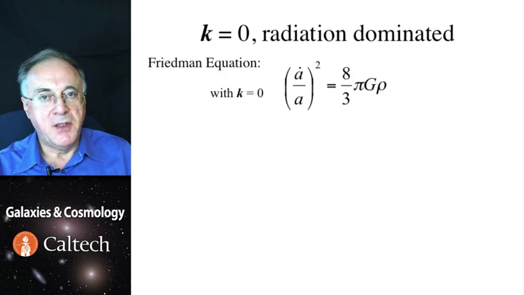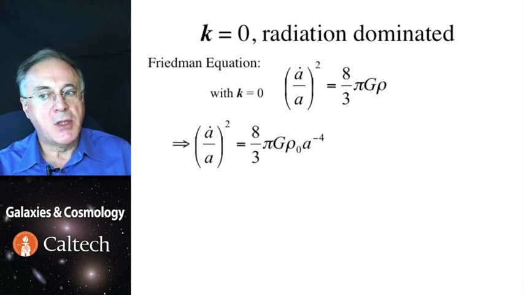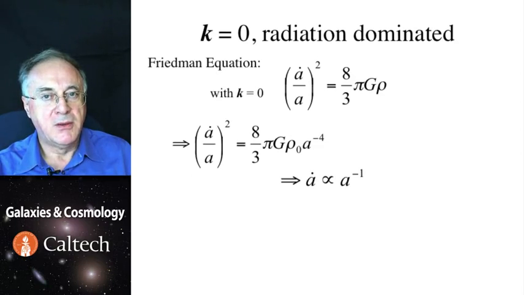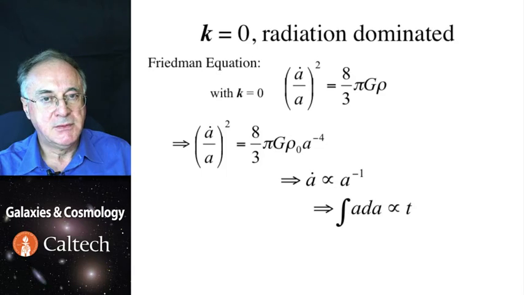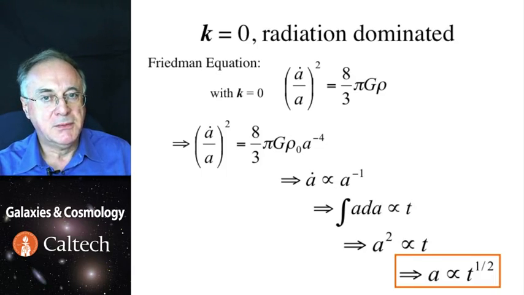All right, so here is its Friedmann equation, which again we can rewrite in the following form. And from that, we see that the time derivative of scale factor is inversely proportional to the scale factor itself. That too is an easy one to integrate. And the solution is that the universe expands according to a square root of the time.